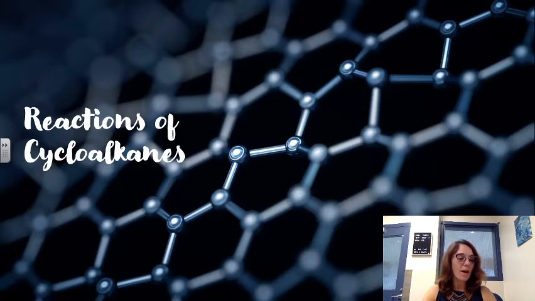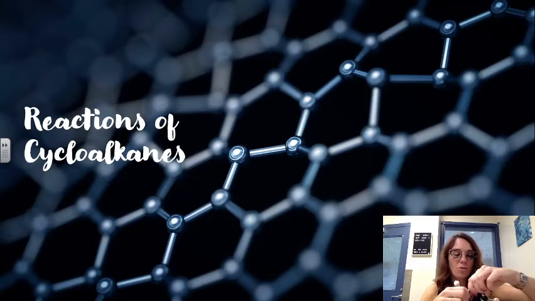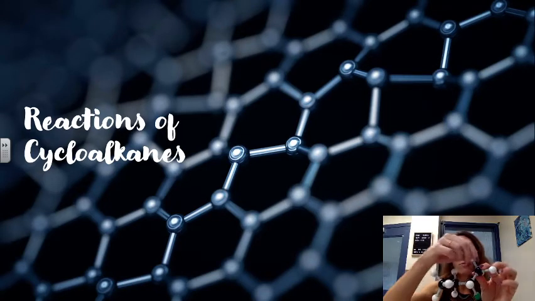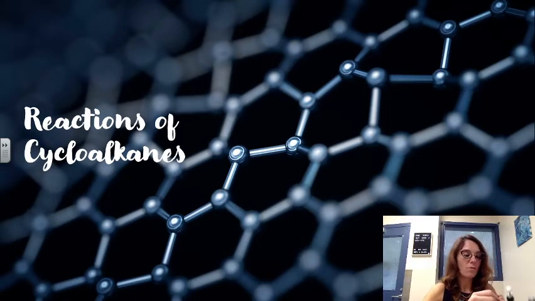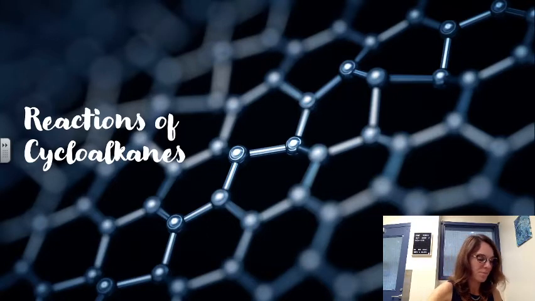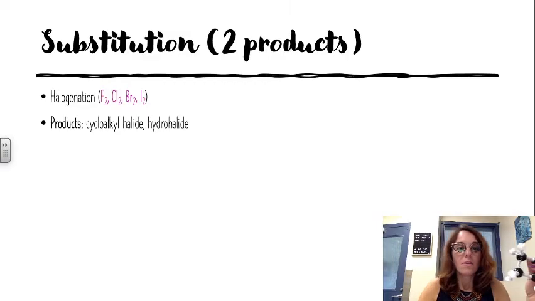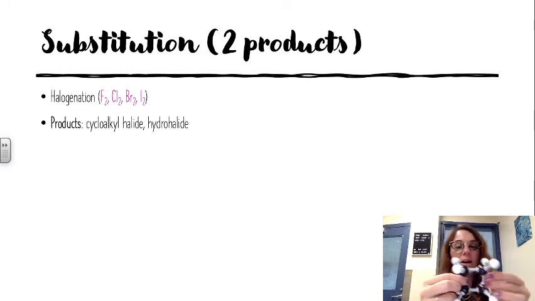Next, the cycloalkanes. So here, you'll notice in order to create a cycloalkane, I have to take off, okay, so here is my alkane. I have to take off two hydrogens in order for these to bond together. So in a cycloalkane, it can again go through a substitution reaction.